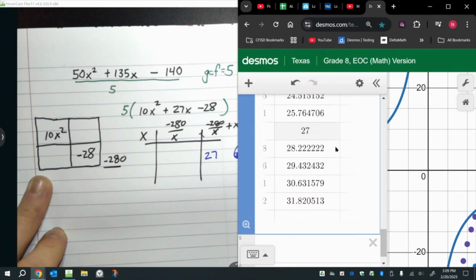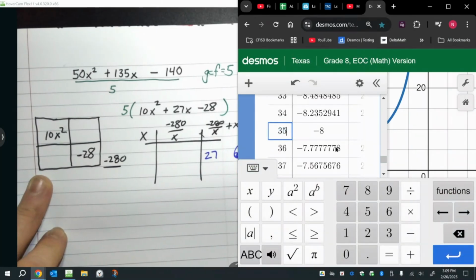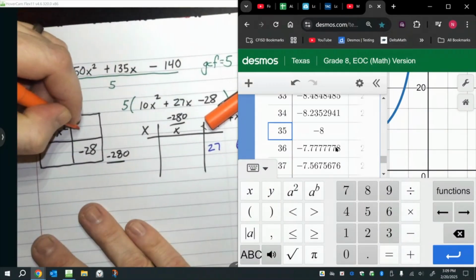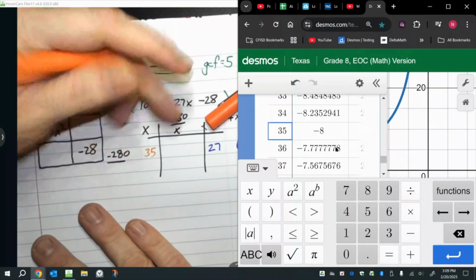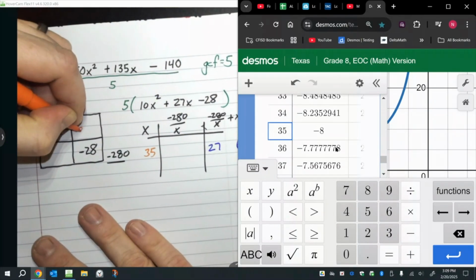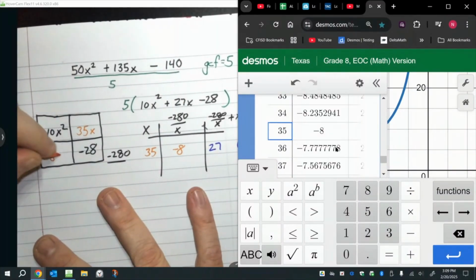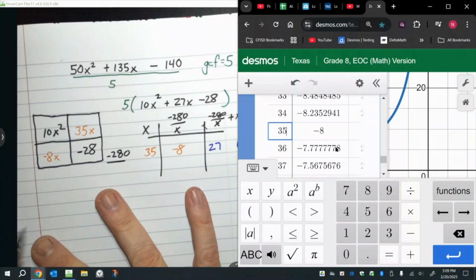Ah, there it is. 35 and negative 8. Huh. Yeah, that works.